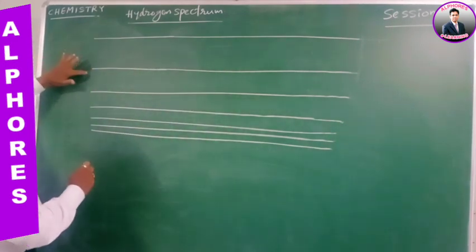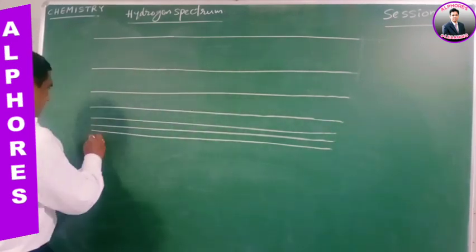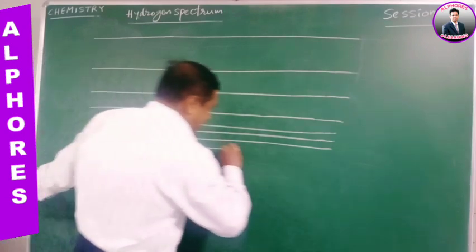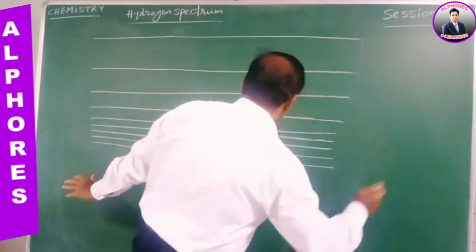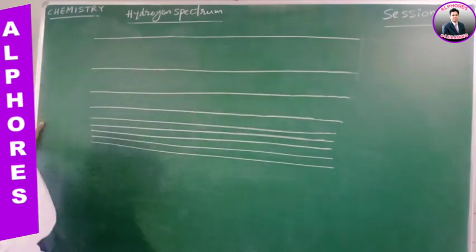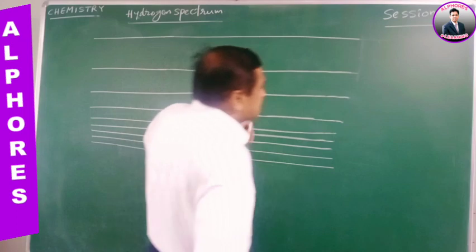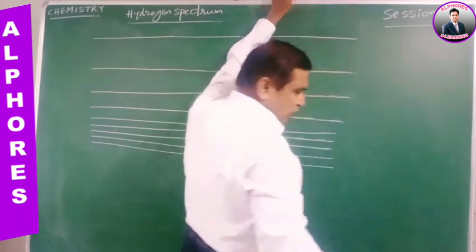So 1, 2, 3, 4, 5, 6, 7. Let us draw some more. So these are the few spectral lines, that is, few orbits we have drawn.